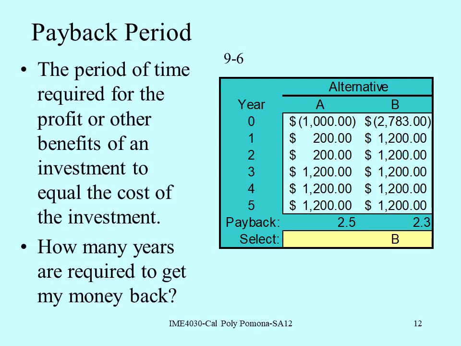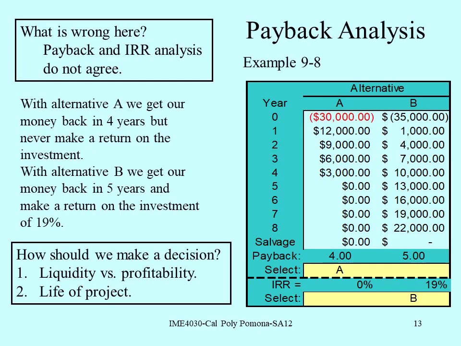Let's go to slide number 13 for another example, and this is a very dramatic example. We see here two cash flows, and it turns out that the first series of cash flows, we recuperate our investment at the end of 4 years.